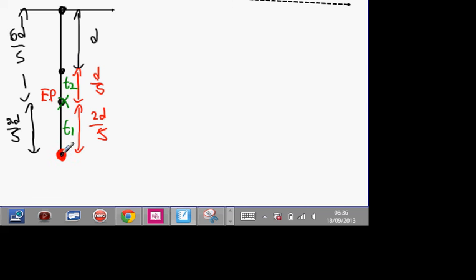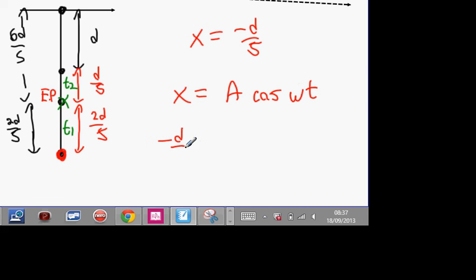See the way you're currently over one side of the equilibrium position. By the end of this question, you're going to be at x equals minus d over 5 over the opposite end of equilibrium. That makes it a negative. We can start off our position at the extreme point, which is a cos wt. X therefore is minus d over 5.